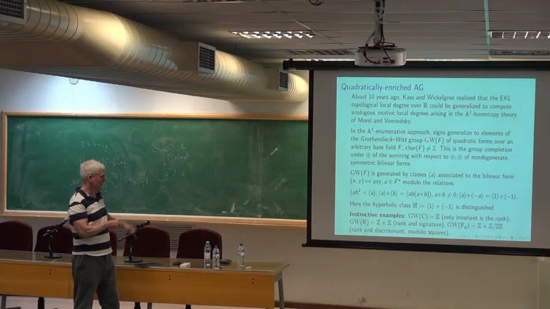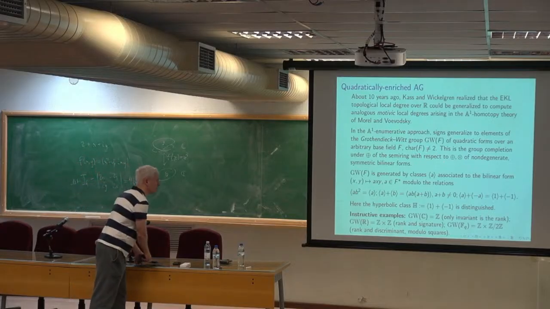So again, as I said in the introduction, instead of considering signs, we're going to consider elements of the Grothendieck-Witt group of quadratic forms over an arbitrary base field that doesn't have characteristic 2.